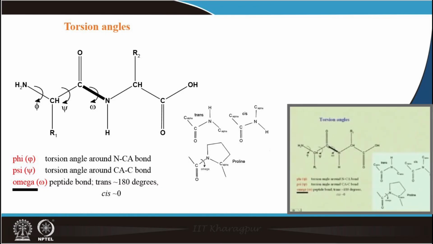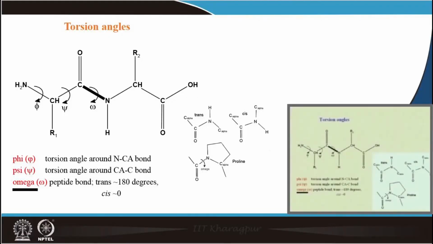Now, in the partial double bond character, what will this impart to the polypeptide chain? It will impart a rigidity, right? What do I mean by a rigidity? It will not allow a rotation about the polypeptide chain above the peptide bond. It will restrict the rotation because it is now partially double bonded in character.